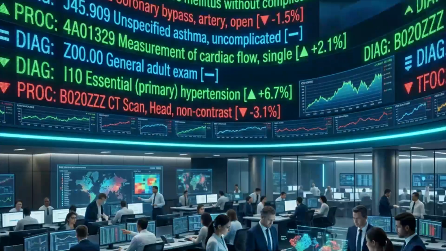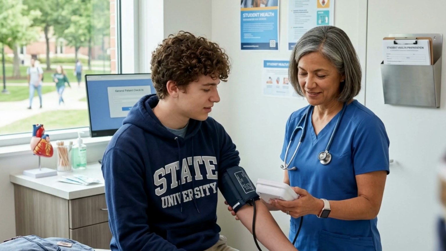To explain how this statistical process actually works, look at the metric that every diagnosis and treatment produces: the risk score. The magic number for clinical currency, the RAF score, which stands for Risk Adjustment Factor.